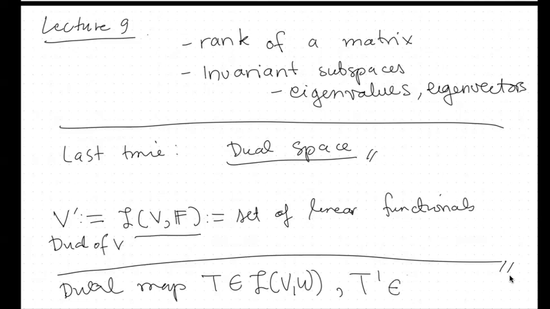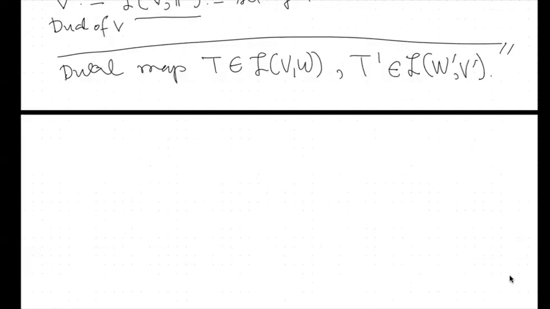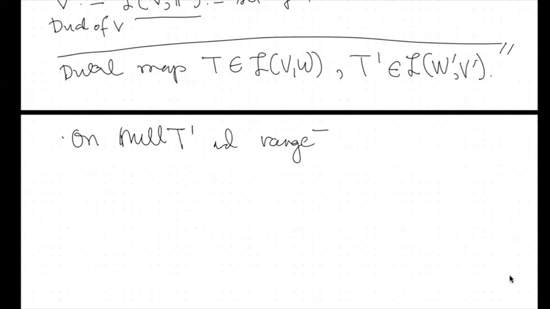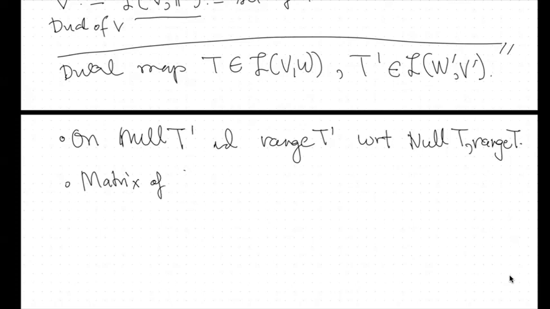It is the map from the dual space of W to the dual space of V. And then we define what it means, and we go through theorems on the null space of T prime and the range of T prime, with respect to the null space of the original map T and the range of the original map T.